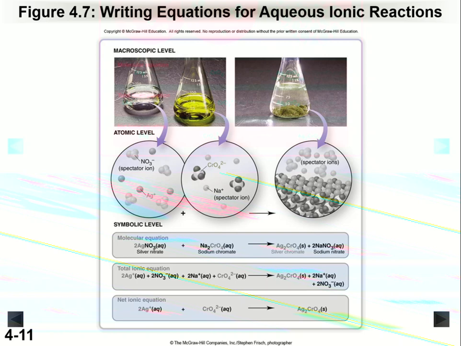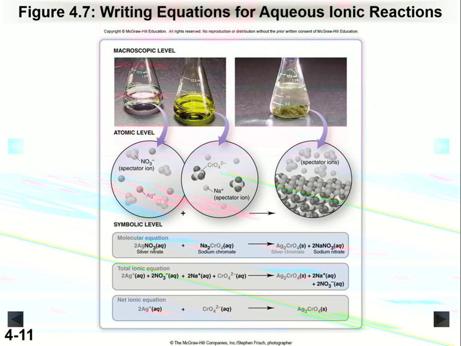And on the product side, we still write Ag2CrO4 as one unit because that's now an ionic solid. So that's written as a solid. But then the soluble salts on the product side are written as 2Na+ and 2NO3-. And we write phases of aq next to all the soluble ions.